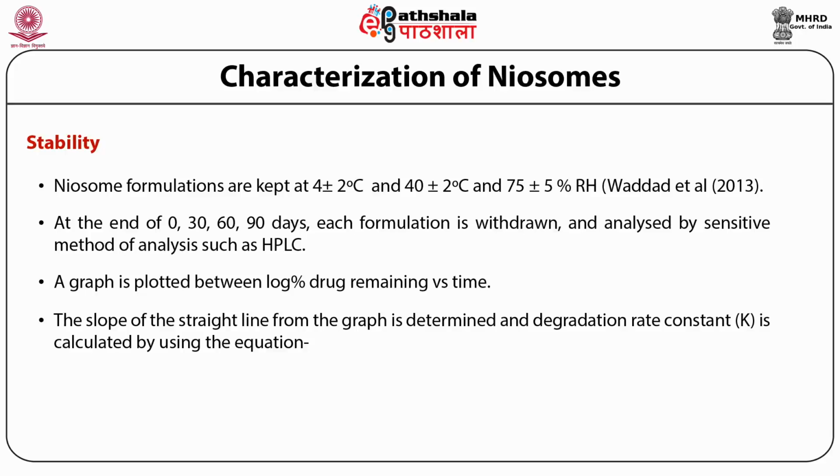The slope of the straight line from the graph is determined and the degradation rate constant is calculated using the equation given below. The equation is: slope is equal to minus K, the rate constant, divided by 2.303, where K is the degradation rate constant. For assessing the accelerated stability, the neosome formulations are packed in a package likely to be used for their marketing.